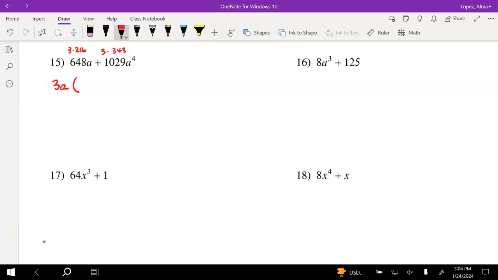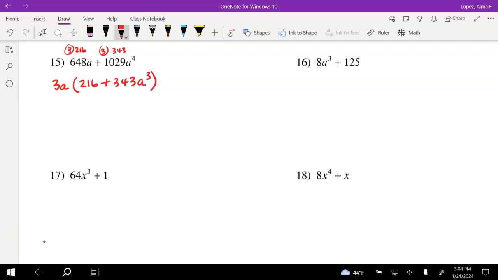Now, you're not likely to see something this large on a test, but it is important that we're able to do it. So when I factored the 3a out of the first term, I'm still left with a 216, and the a got factored out also. When I factor the 3a out of the second term, I'm going to be left with a plus 343a to the third.